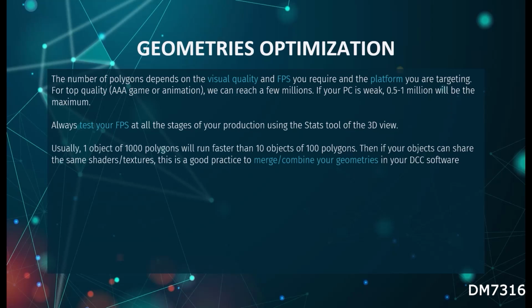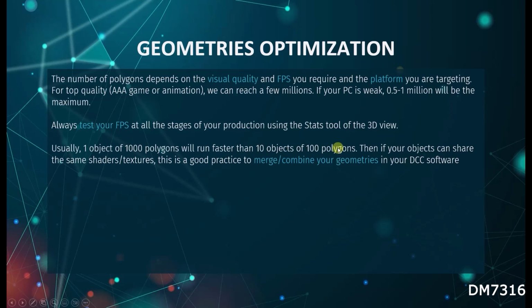It's very important to understand this for optimization. So optimize your topology, of course. Another way to optimize is that it's always faster in a real-time software to render one object of 1000 polygons than 10 objects of 100 polygons.